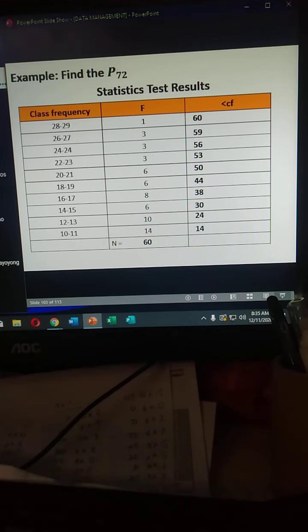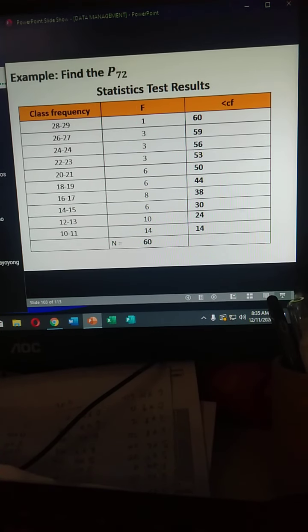Okay, since wala nagsasalita, sige, continue ako, bahala kayo, ha? Okay, kunin nyo yung less than CF, and then multiply 0.72 times 60. Kasi 0.72 is P72. Convert to decimal, and then we have 60 here as the total number of n. So 0.72 times 60, we have 43.2.